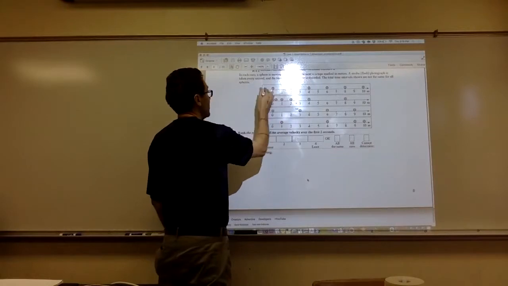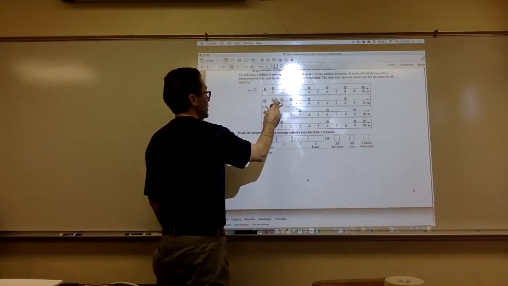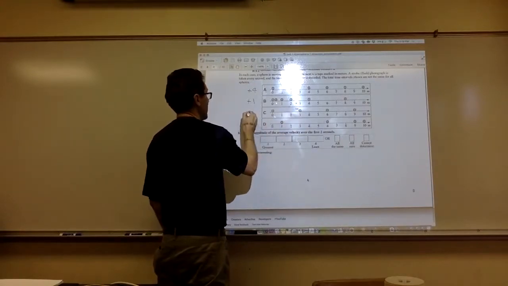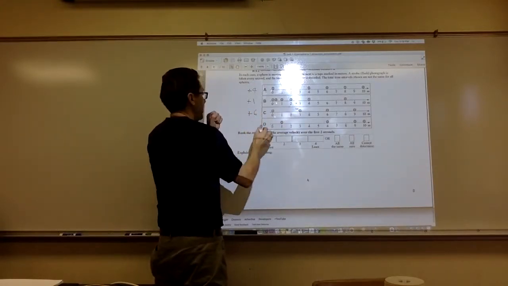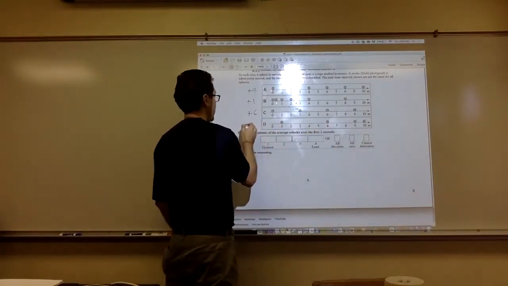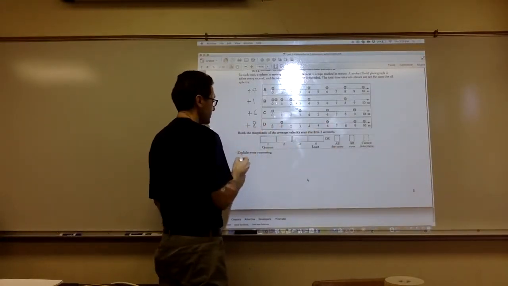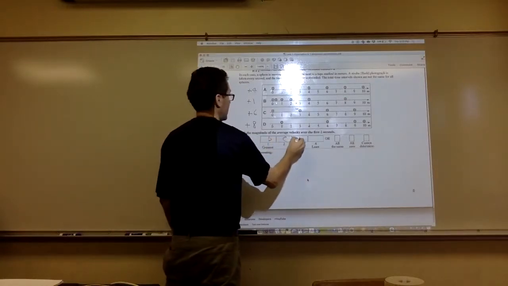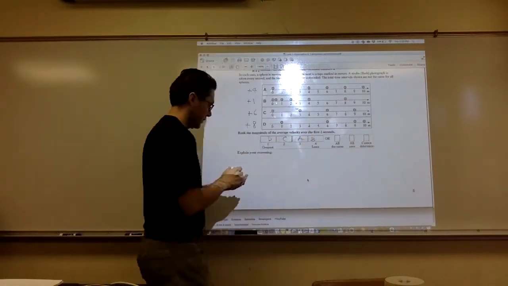So the displacement here is 4, positive. It's 0, 1, 2, it's a positive 1. 0, 1, 2, that's a positive 6. Be careful here, we started from 1, so it's 1, 2, but there's a difference of 8 in position. So it should be D, C, A, and B.